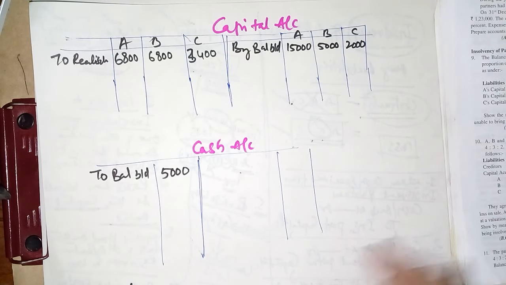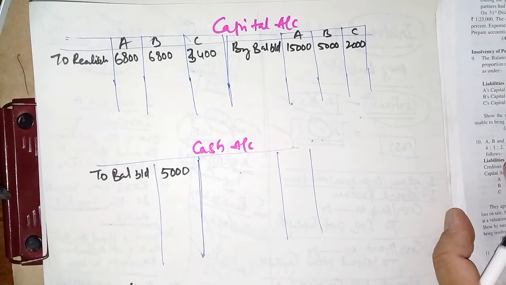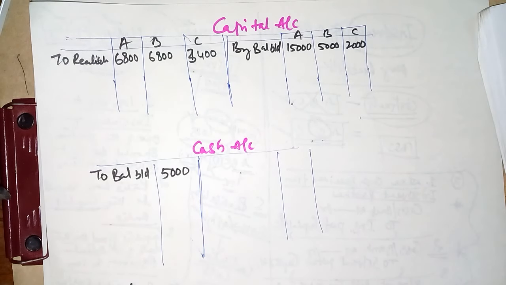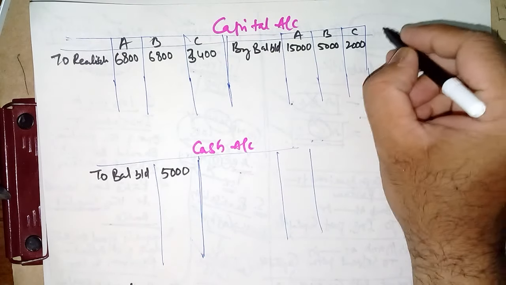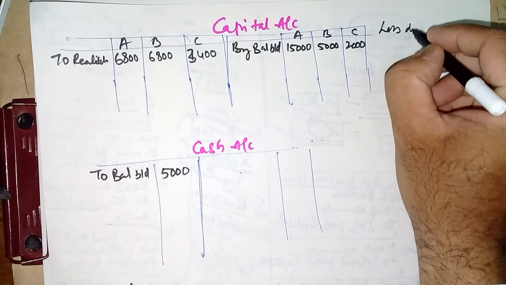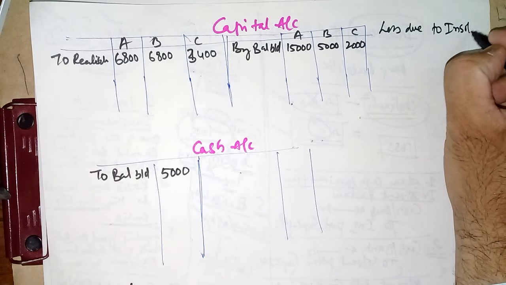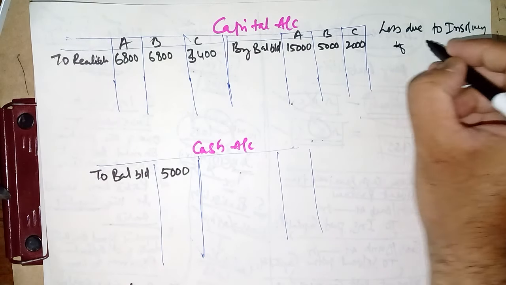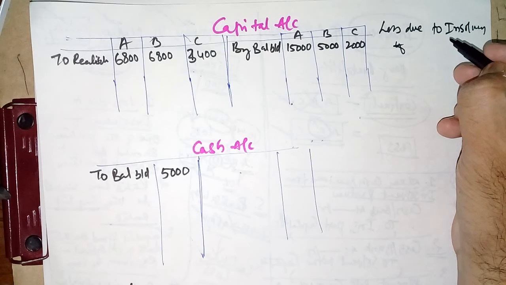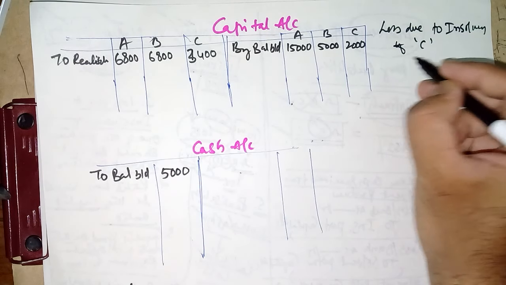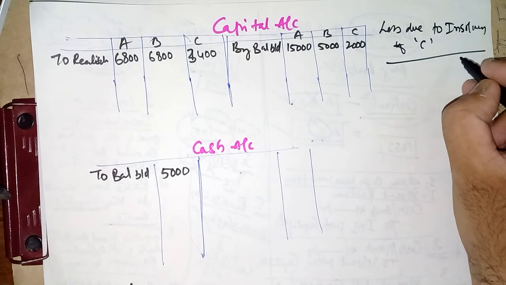So the next thing is loss due to insolvency of partner. Who is insolvent in this case? C. So how much loss are we getting?